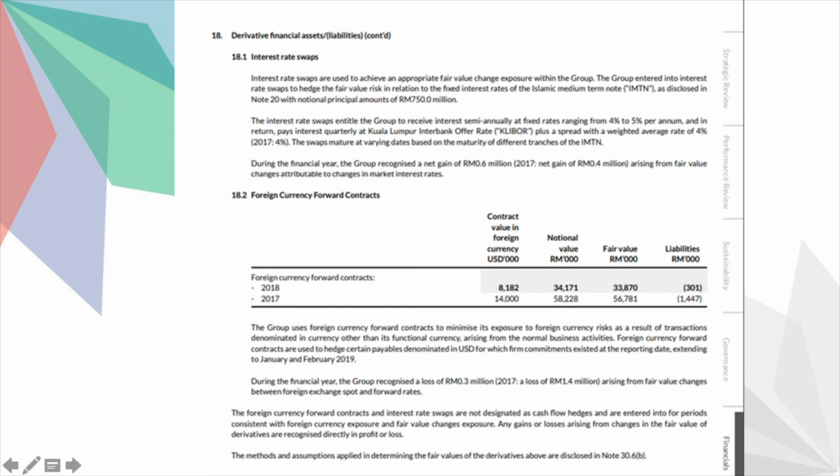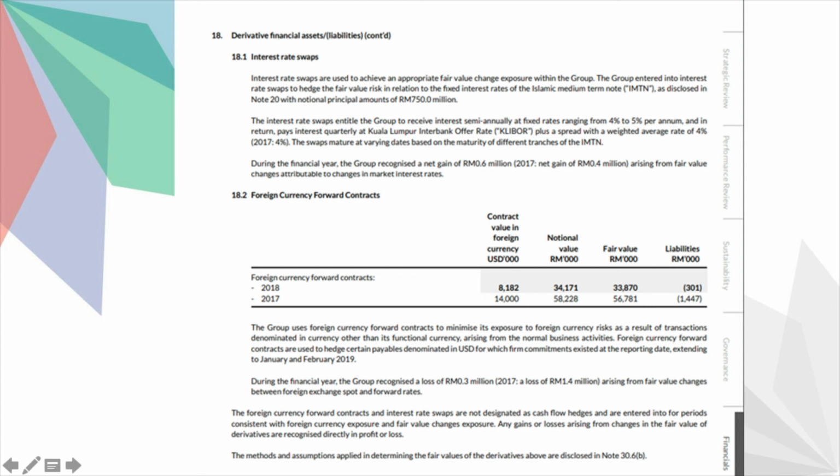Interest rate swaps are used to achieve an appropriate fair value change exposure within the group. The group enters into interest rate swaps to hedge the fair value risk in relation to the fixed interest rates of the Islamic medium-term notes, as disclosed in note 20, with a notional principal amount of 750.0 million ringgit Malaysia.